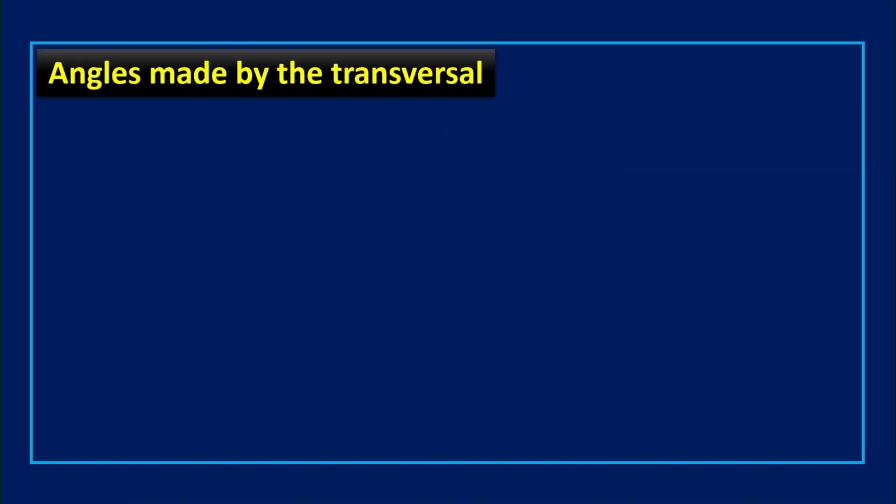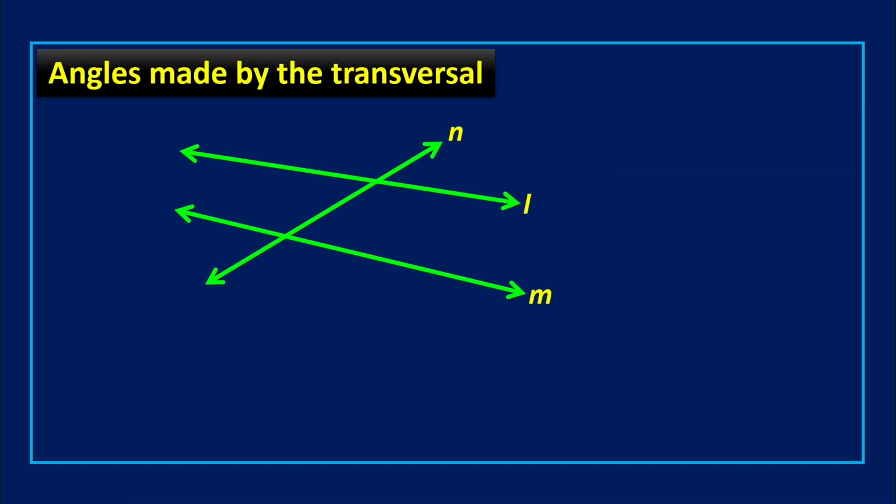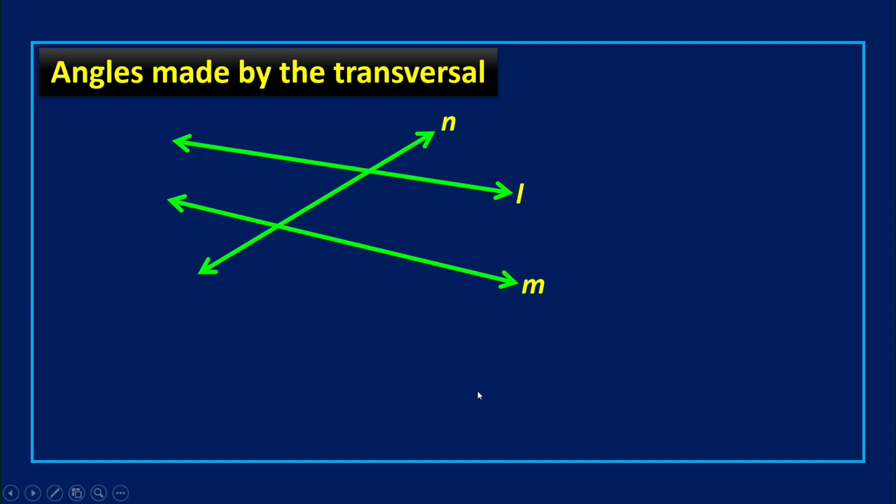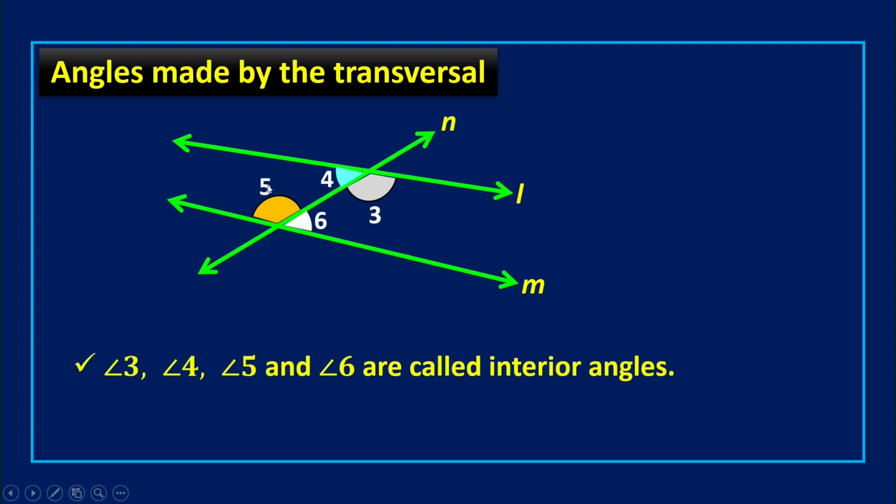Angles made by the transversal. Here you can observe L and M are two lines. N is a transversal. It makes 8 angles: angle 1, angle 2, angle 3, angle 4, angle 5, angle 6, angle 7, angle 8. You can observe angle 3, angle 4, angle 5, angle 6 are inside of the L and M lines.